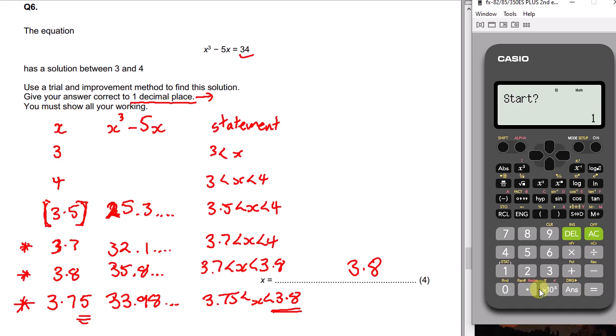Start at the lower value we know, end at the top value we know, and we want to go up in 0.1s. So we say step 0.1, press equals, and we get a list of numbers. We come down until we find the pair either side of 34, which is 3.7 and 3.8.